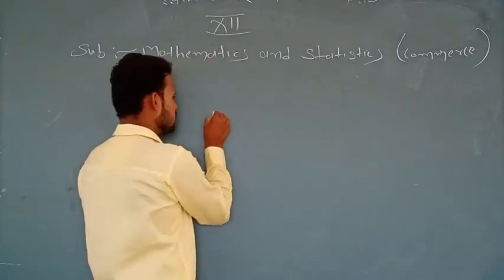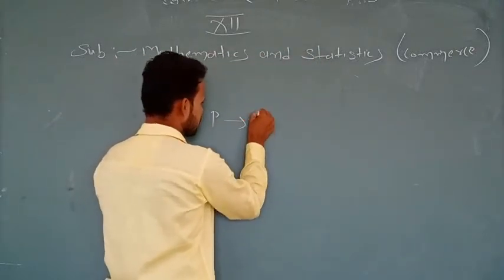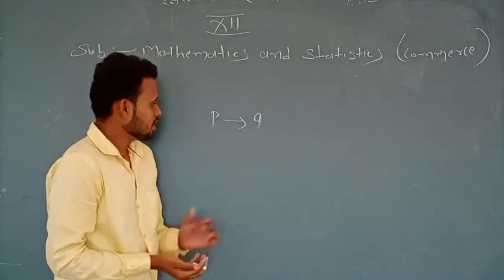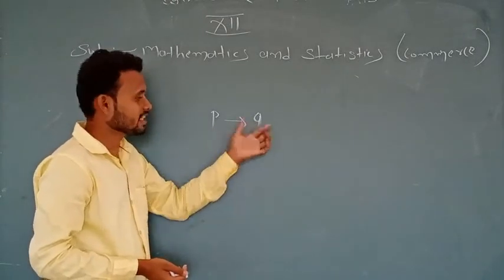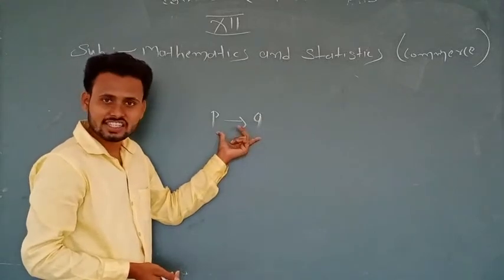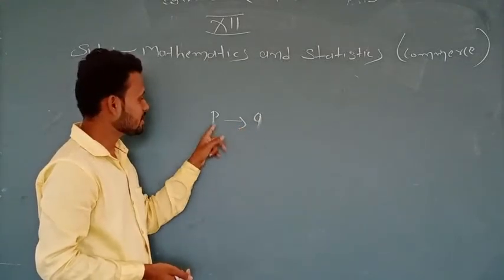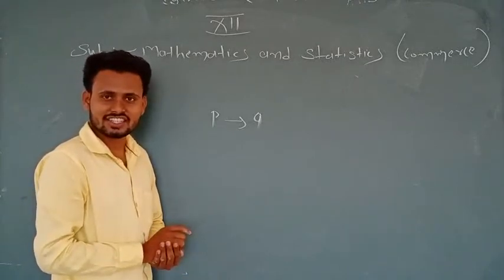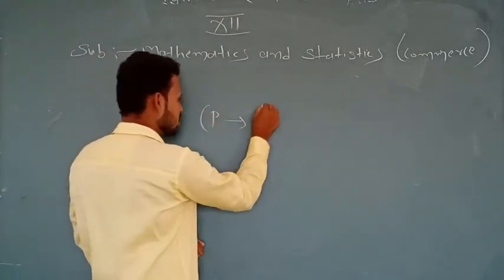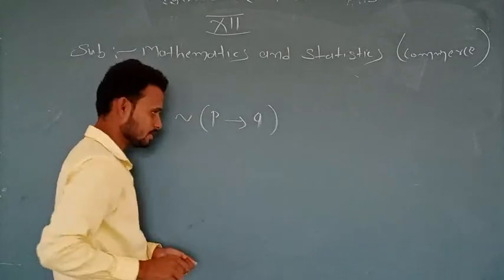Suppose this is P implies Q. It is a conditional statement of two simple statements P and Q, and our point is the negation of that conditional statement.